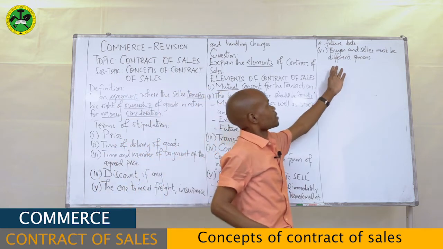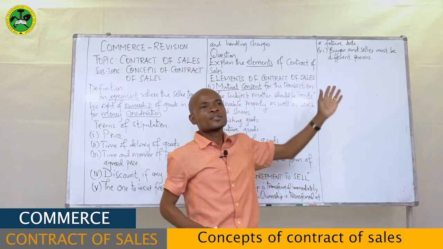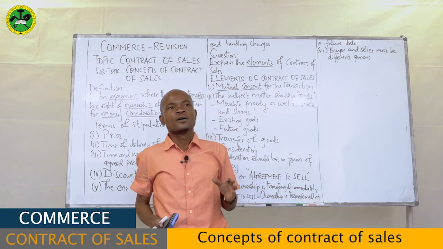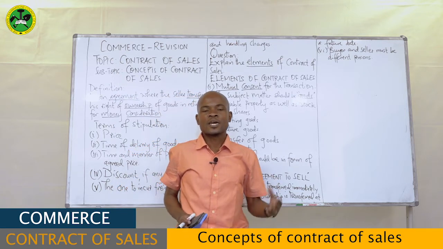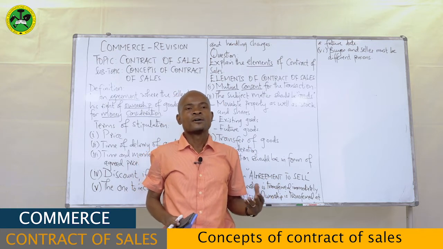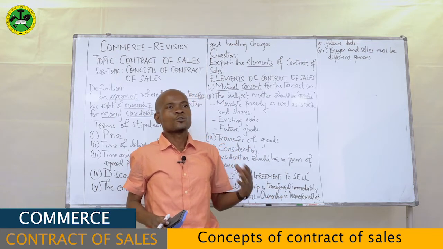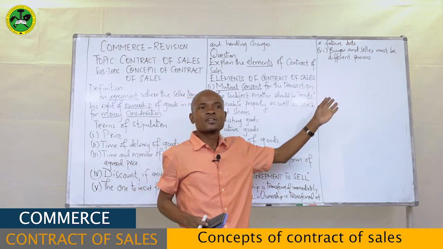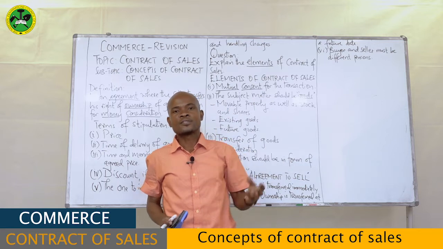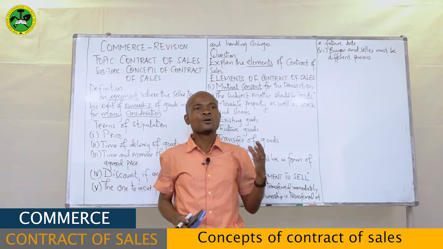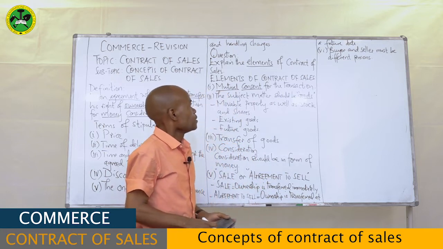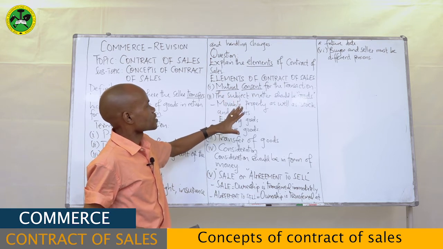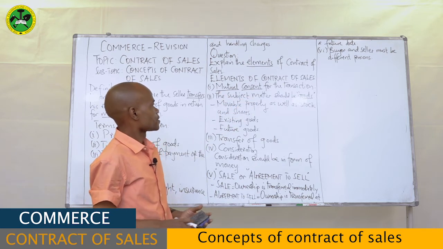What it means exactly is that the seller cannot sell goods and at the same time be a buyer to himself. So in other words, a seller must sell goods to someone else other than himself or herself. So these are the elements of contract of sales.